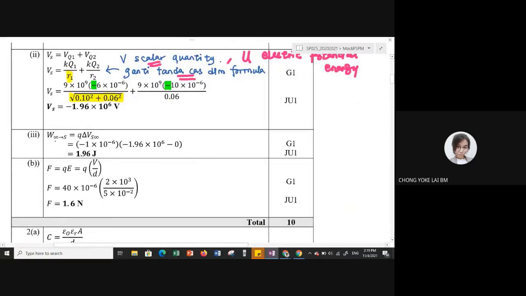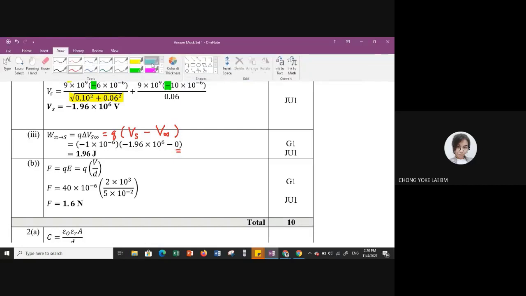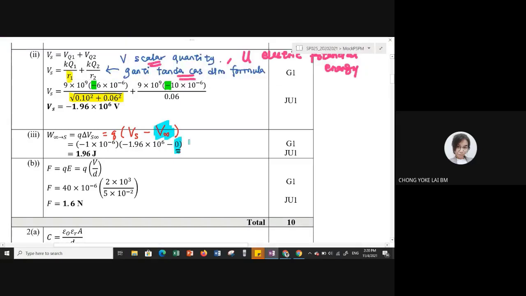W, the work done to bring the charge from isolated, meaning infinity, to point S. So we have Q delta V. The delta V is the potential difference between point S and infinity. So delta V must be the final point, VS, minus the initial point, infinity. Potential at infinity must be zero. Okay? Our potential energy at infinity must be 0.